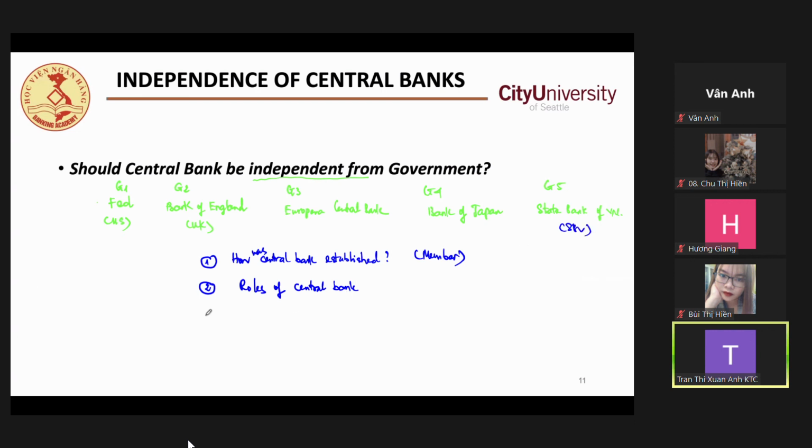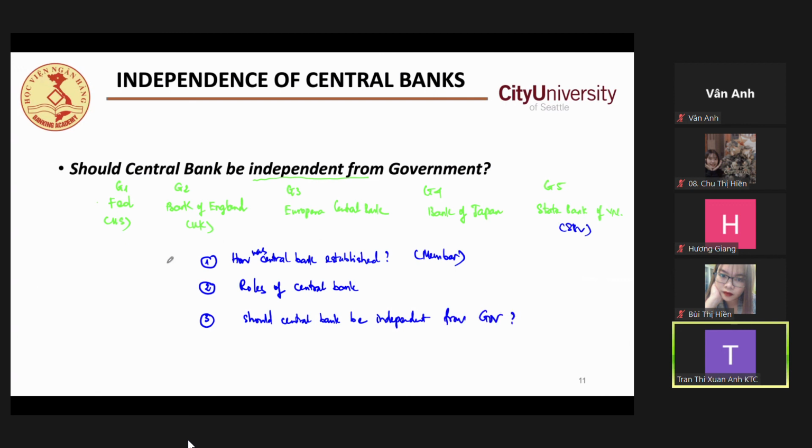Okay, and the next question is, you answer whether the central bank should be independent from the government.